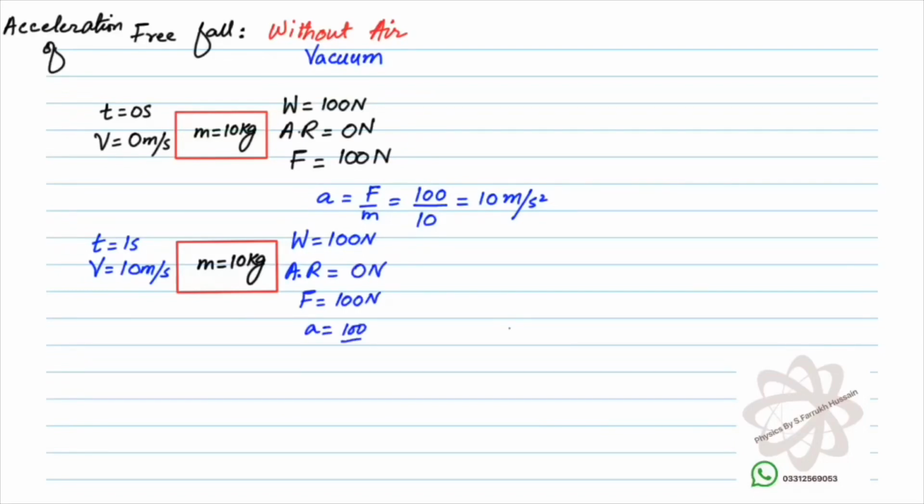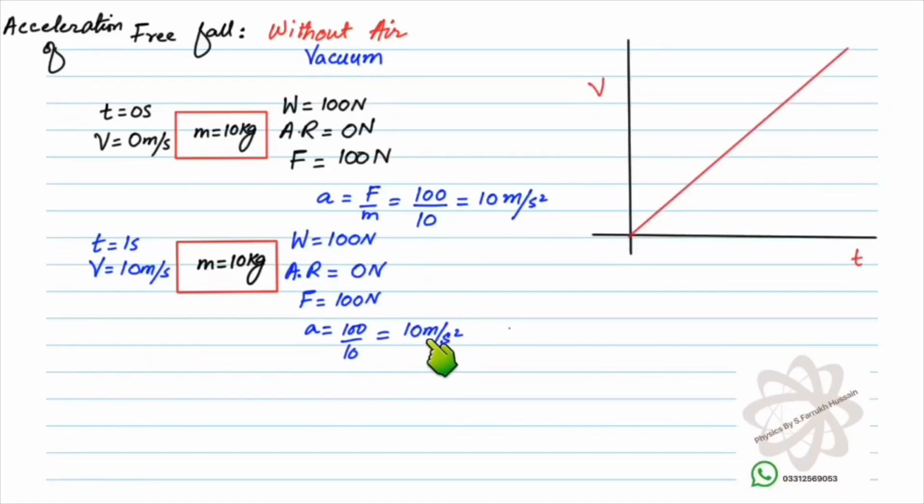So the object will have the same acceleration throughout its motion, 10 meters per second square, or after every second there will be a rise in velocity of 10 meters per second. So the graph will be a straight line through the origin.